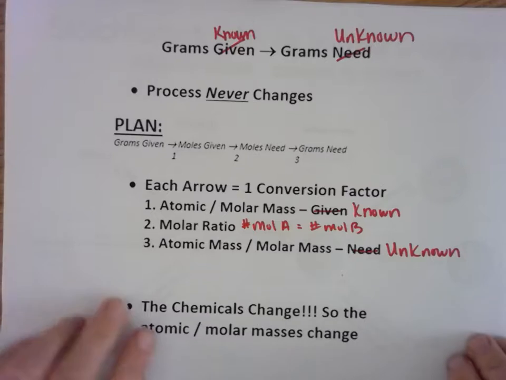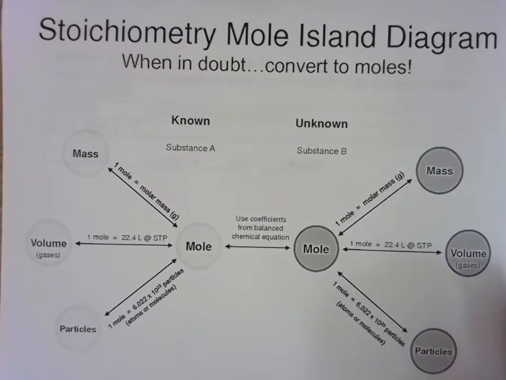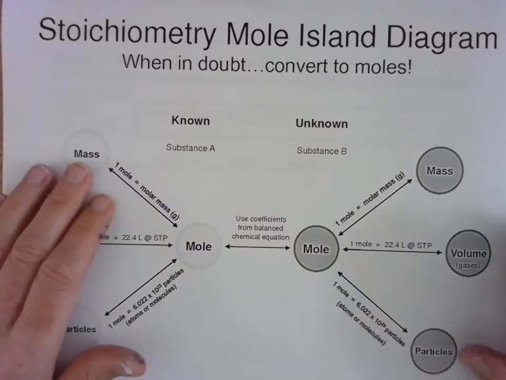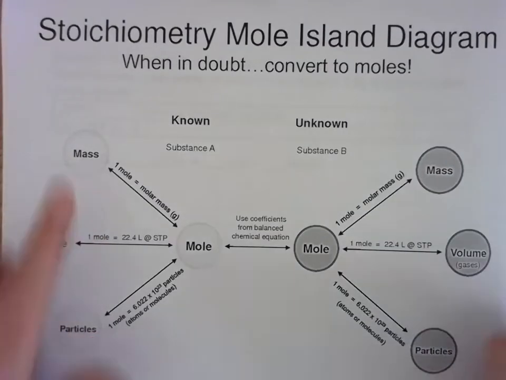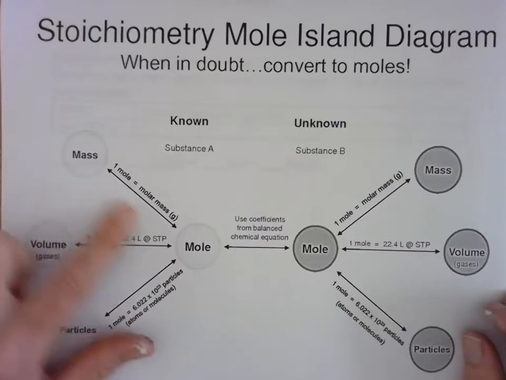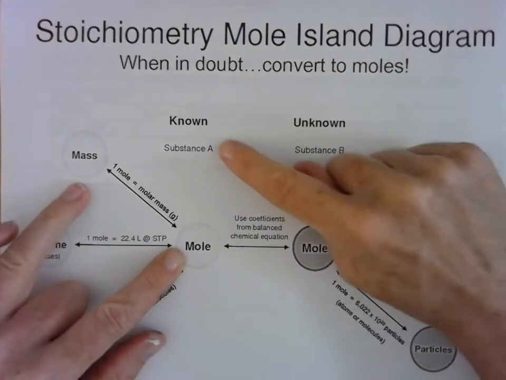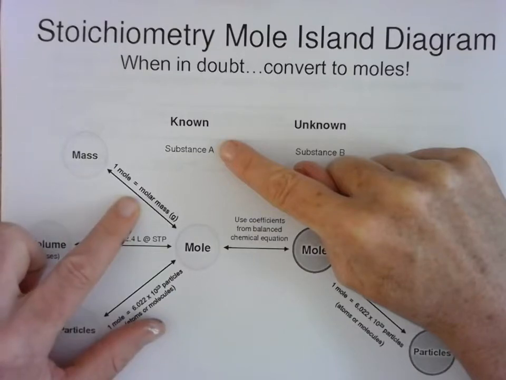So what we're doing here is mole island, right? We're starting here because we're doing mass to mass stoichiometry, and we want to get over here. So we have to go from grams to moles of the known, or substance A. We're going to use the molar mass or atomic mass, usually molar, to get to moles.